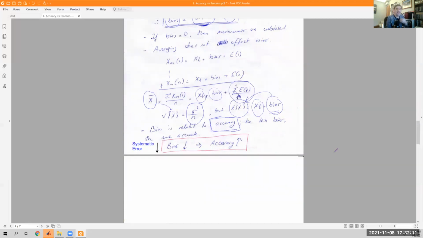So the question may be, how can I increase the accuracy? This is a bit more difficult question because this bias is in the unmeasured part. Of course, the random error was also in the unmeasured part, but I can hypothetically decrease the variance just using averaging.